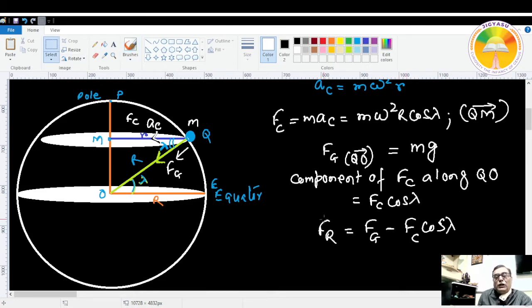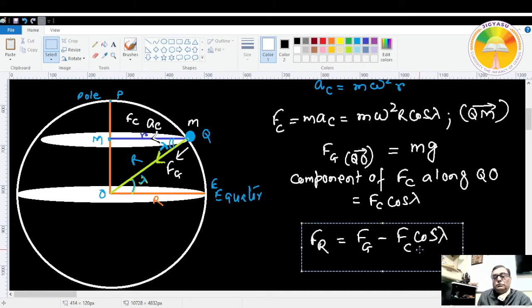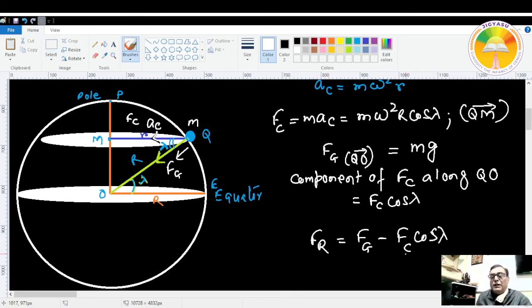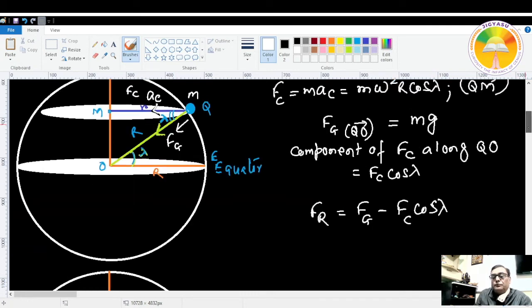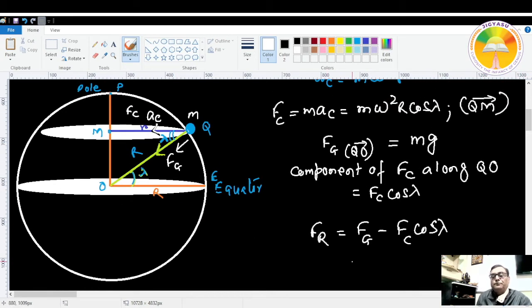So now the resultant pull force, as I said, I'm going to tell you again, part of the gravitational pull is being used to provide the required centripetal force. So Fr equals Fg minus Fc cos lambda. I hope this point is clear.